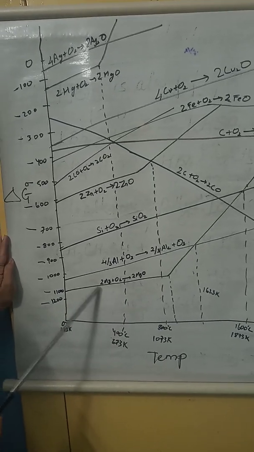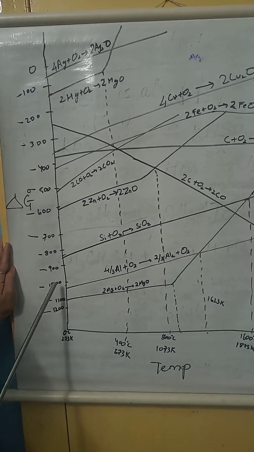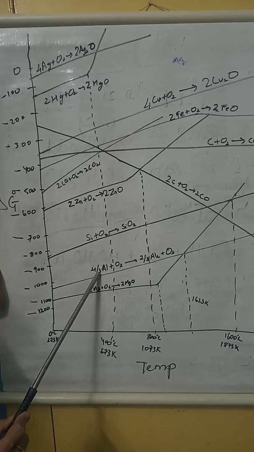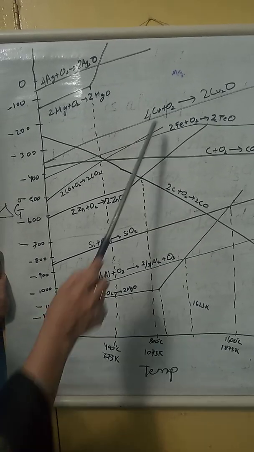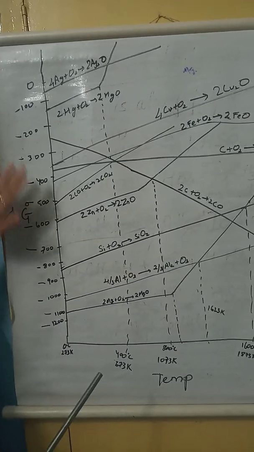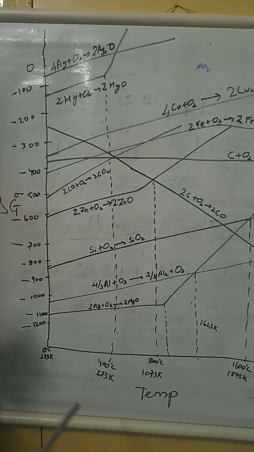So in this, magnesium has a very high negative value of delta G, so it can reduce aluminium, which is lesser than this. Aluminium can reduce silicon. Like this, aluminium can also reduce iron. Iron is much lesser. So in this way, this Ellingham diagram helps to know which substance can reduce another substance. The same thing I have mentioned here also.